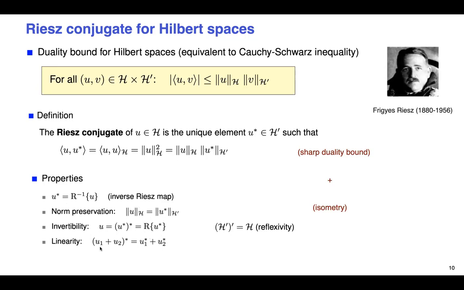The Hilbert conjugate is also linear. So what's important here is that we have two properties. First is the sharp duality bound. Here we're not having a smaller or equal, but having equality and isometry.